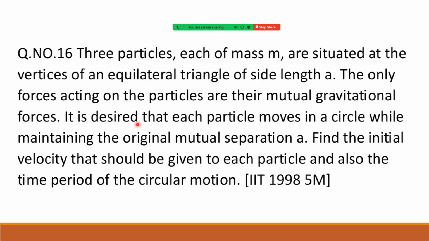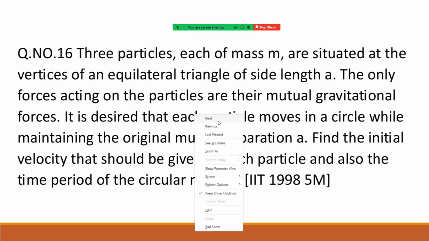It is desired that each particle moves in a circle while maintaining the original mutual separation A. Find the initial velocity that should be given to each particle and also the time period of circular motion. This is a question given in 1998 for 5 marks. See how to solve it.